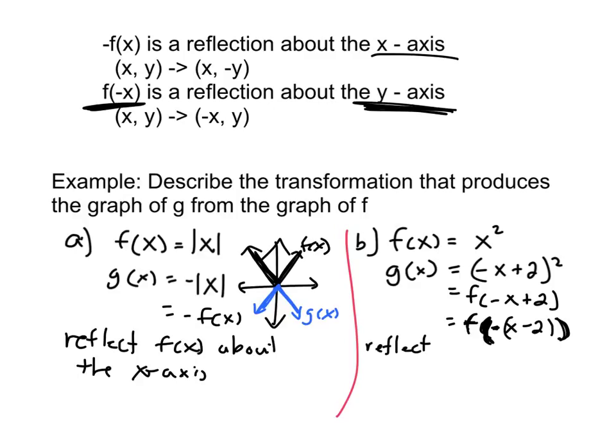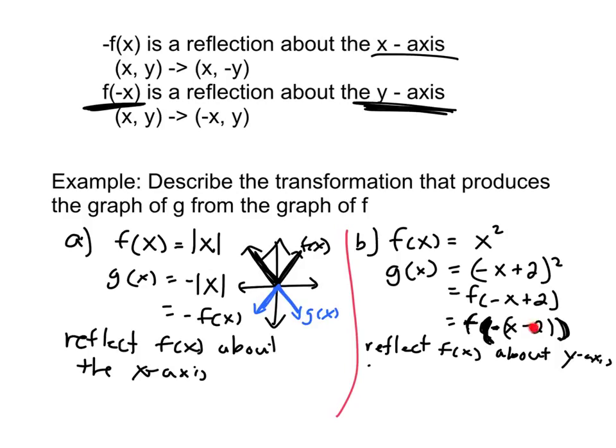So that's the first thing I'm going to say: reflect f of x about the y-axis. The next thing I'm going to say is I see that minus 2, okay? I know that when it's inside of the parentheses, then it's a horizontal transformation.